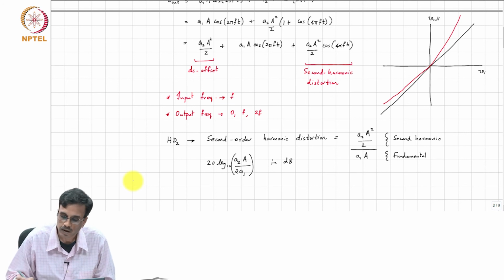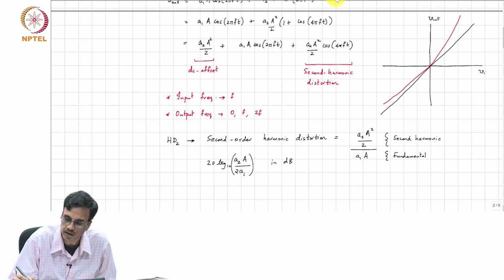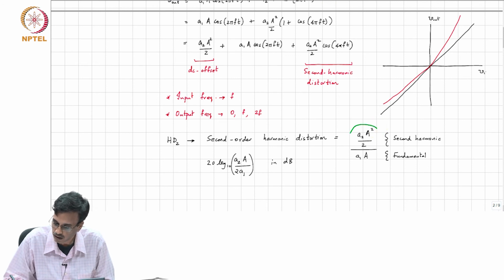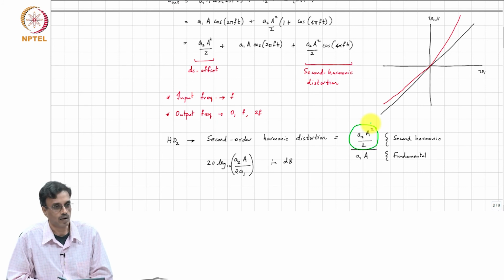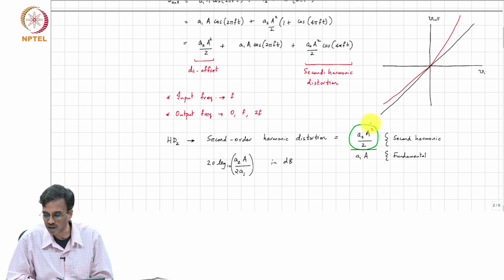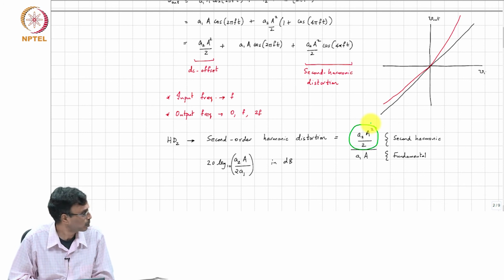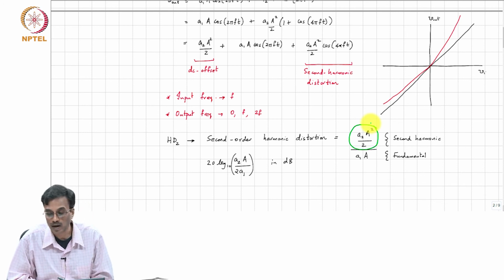All right. Another thing I would like to draw your attention to is the strength of the second harmonic. Notice that the strength of the second harmonic is proportional to A squared.